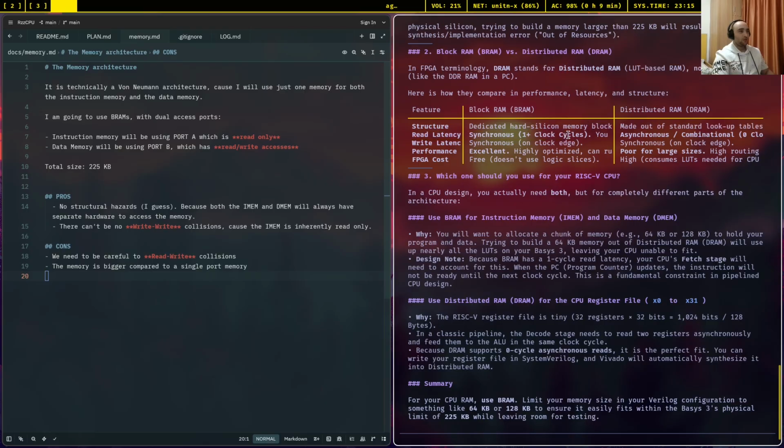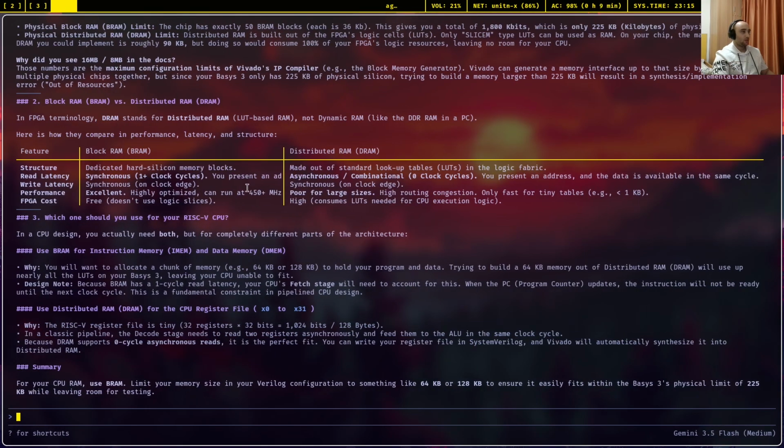So this is synchronous, the DRAM is asynchronous, write latency synchronous, performance excellent, highly optimized, can run, God knows what, run at 540 plus megahertz, and this is very slow. Why? Yeah, the block RAM is free in a certain way, because it's not used as with registers, so yeah.